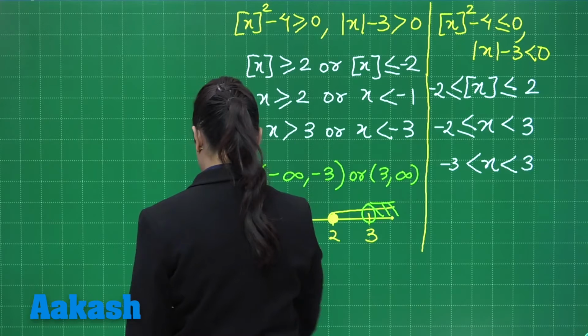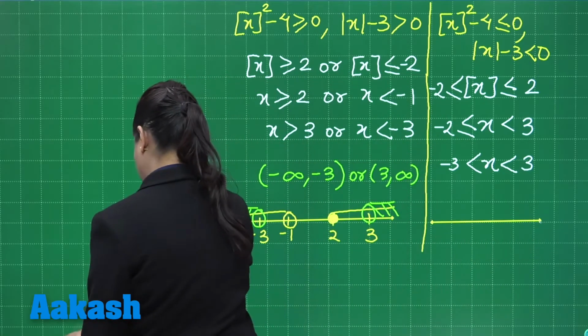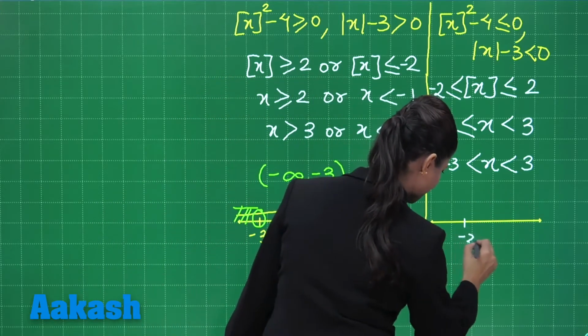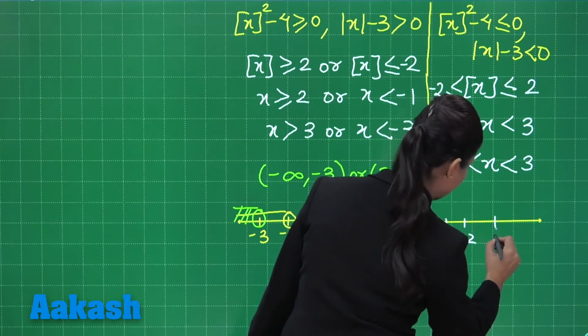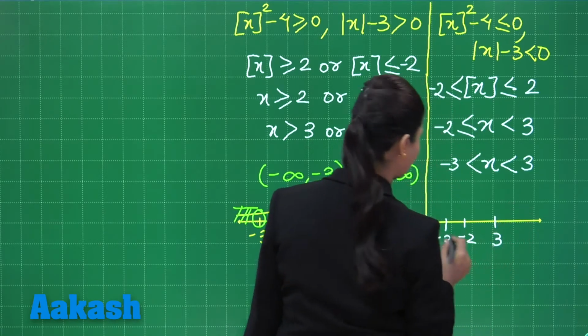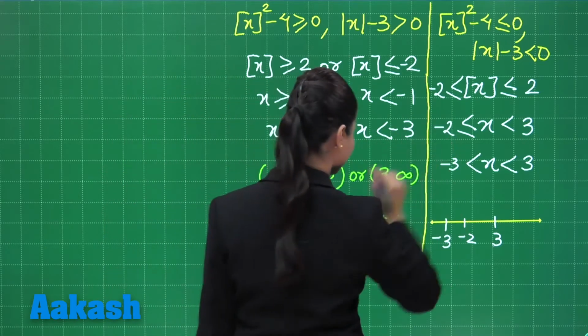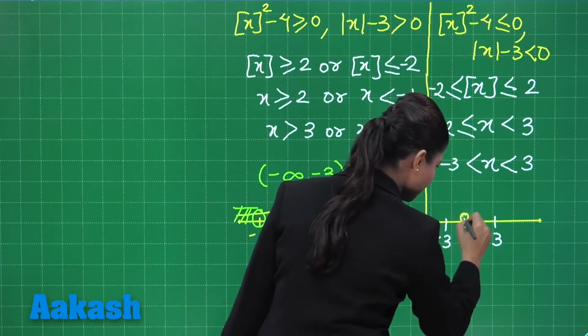If I plot this on the number line, I'll consider the points minus 2, minus 3 and 3. For the first one, I have to consider the range from minus 2 to 3 where minus 2 is included.